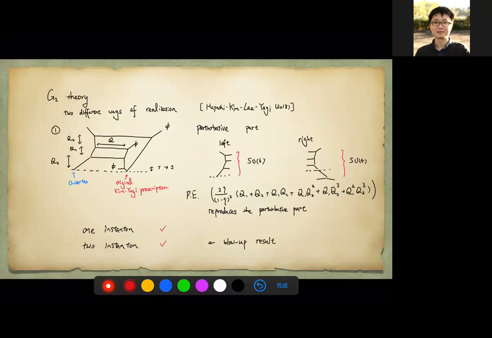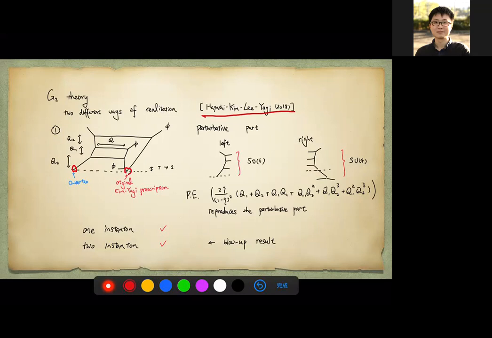Also, orientifolds and this kind of Higgsing can be used in the calculation of the G2 gauge theory. The brane diagram is given in this paper. We can apply the O vertex in the left half, and we also need the Kim-Yagi prescription at the intersection point here.